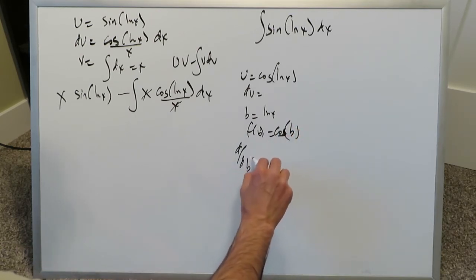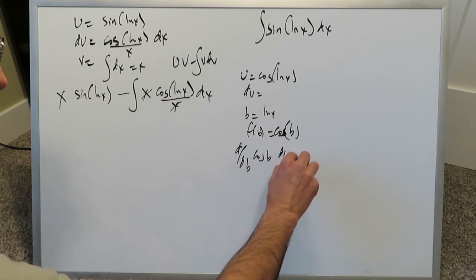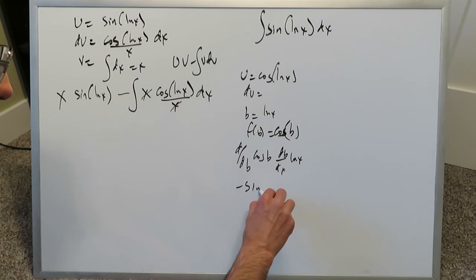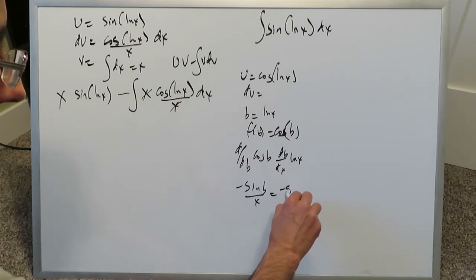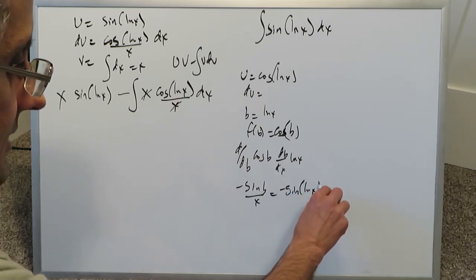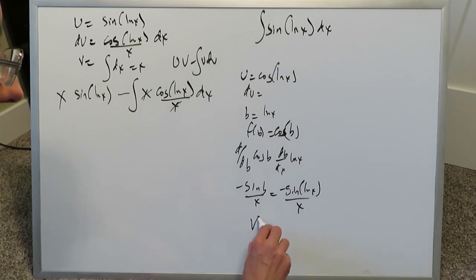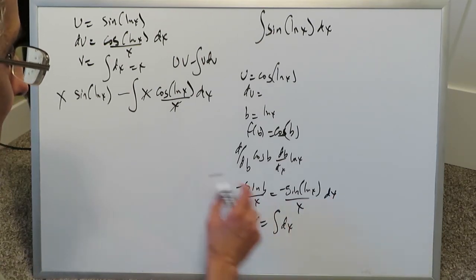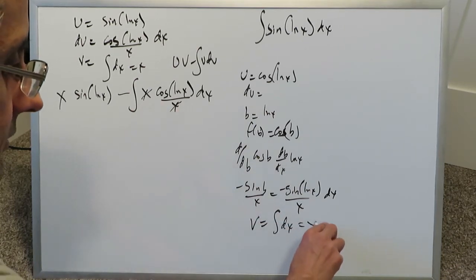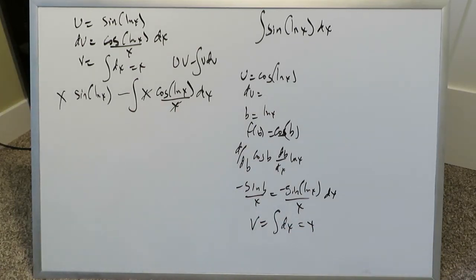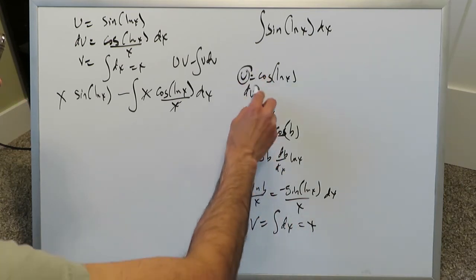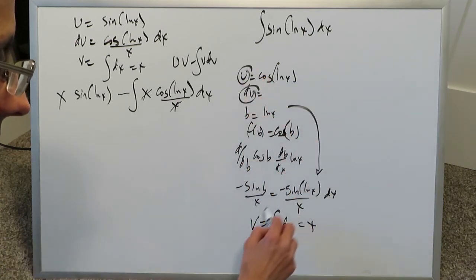D over db of cosine b, and db over dx of ln x. You have minus sine b over x, which is minus sine ln x over x. V is equal to the integral of dx, which is what remained from right over here, and that's equal to x. So we have our next round of substitutions available to us. We have u, we have du, which is all of this right here, and we have v.